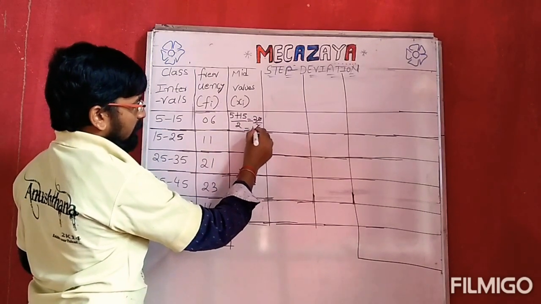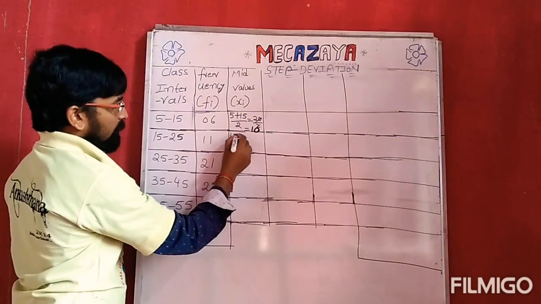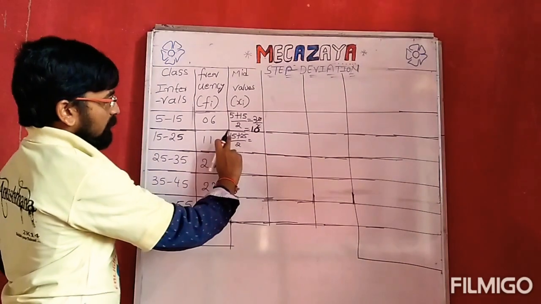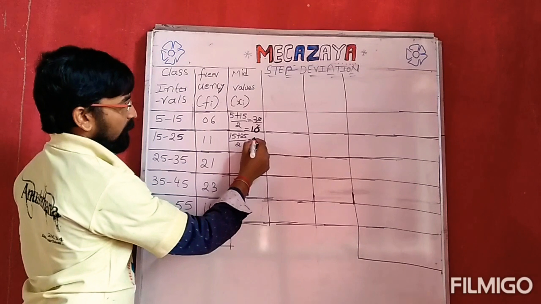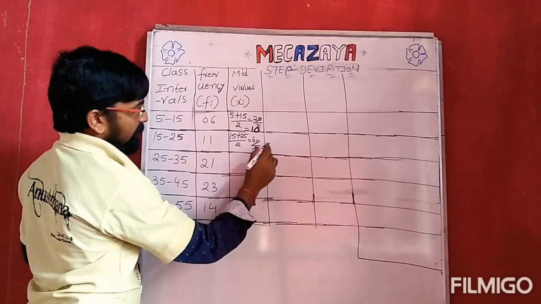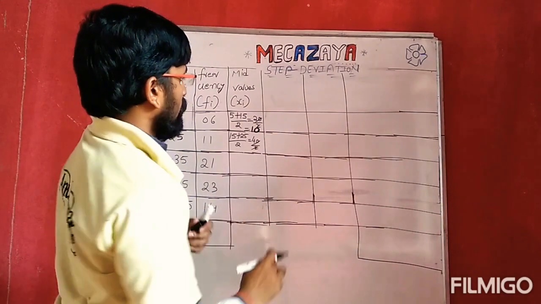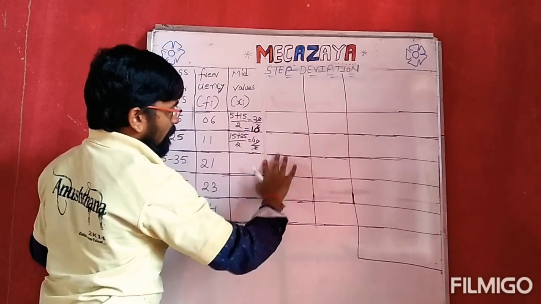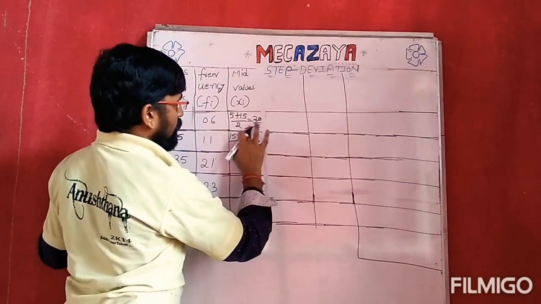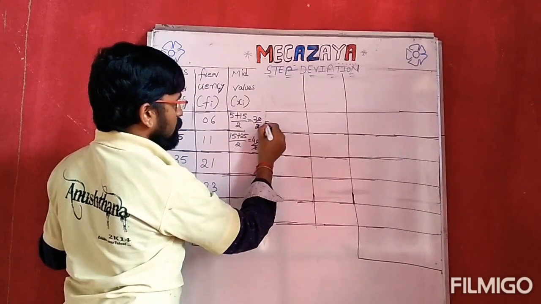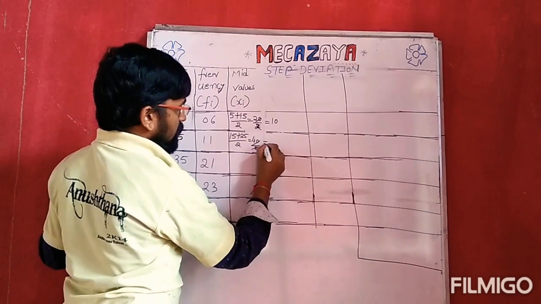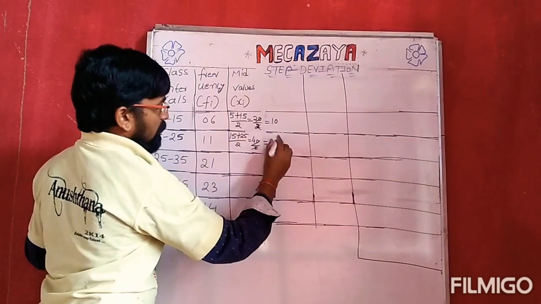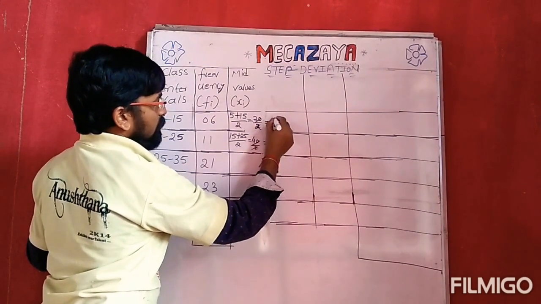We are getting 10. Next, 15 plus 25 by 2: 15 plus 25 is 40, and 40 by 2 is 20. I'm writing your answers here.